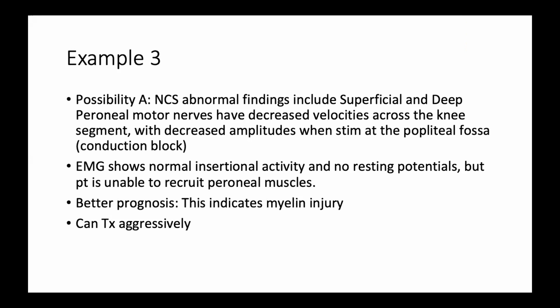The lack of spontaneous potentials shows that this is purely a myelin injury, a severe conduction block across the fibular head or distal to the fibular head because of the swelling of the tib-fib fracture. So weight-bearing restrictions aside, you can treat the strengthening aggressively. The muscles are still innervated.